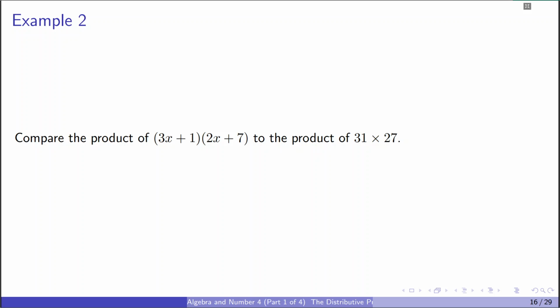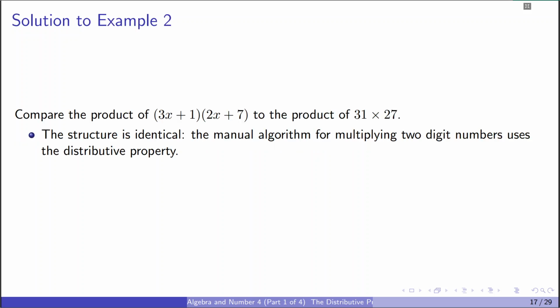Example 2, let's compare 3x plus 1 times 2x plus 7 to the product of 31 times 27. Well, when x is 10, they're identical. So it's the same structure. If you were to multiply 31 by 27 by hand, you'd go 7 times 1. That's our last terms.